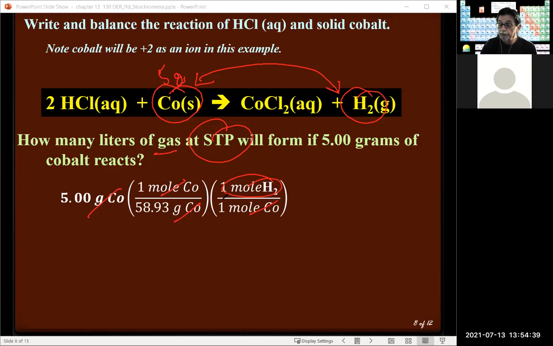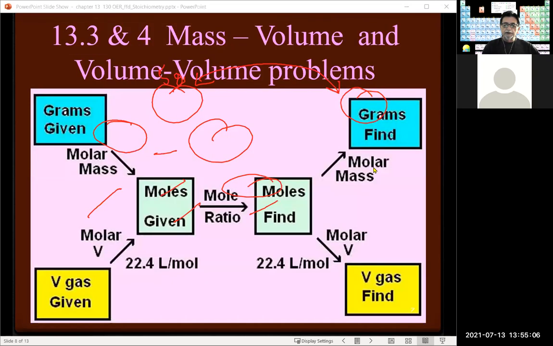which could be good, okay, if we were looking for moles, but we're looking for liters. And so given that we are at STP, well, then we can add the 22.4 liters per mole. Okay. That means that now we are in liters of gas. And so to rehash that, we went from the far left of the flow chart, grams given, all the way to the bottom right of the flow chart.